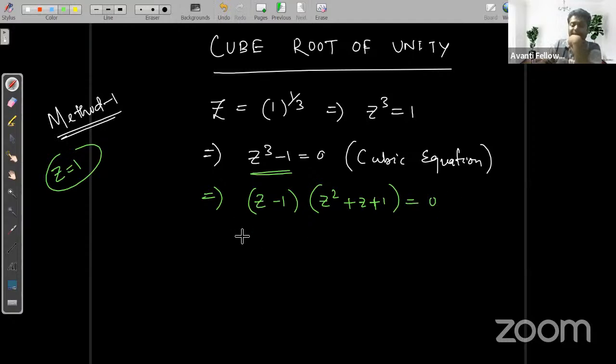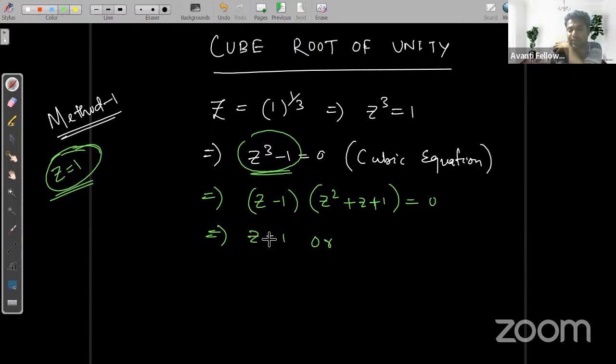Or you can use the a³ − b³ formula here, or the hit and trial method. Since z = 1 is the root, we can factorize as (z − 1)(z² + z + 1) = 0. So one root we are getting is z = 1.